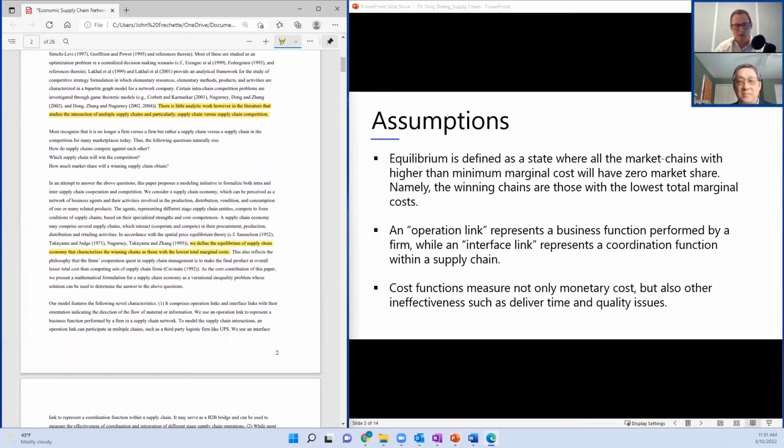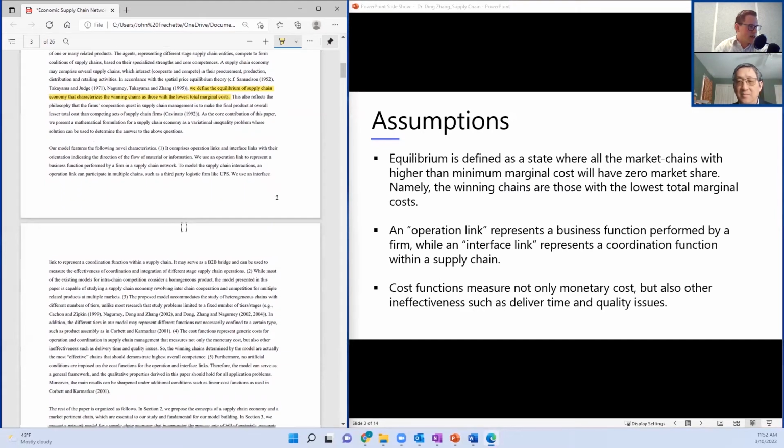Equilibrium here is defined as the state where winning chains are those with the lowest total marginal cost. For example, all of the chains with a marginal cost above the minimum will be fully inactive, despite maybe those resources being available to be turned on. We'll talk about what that means.